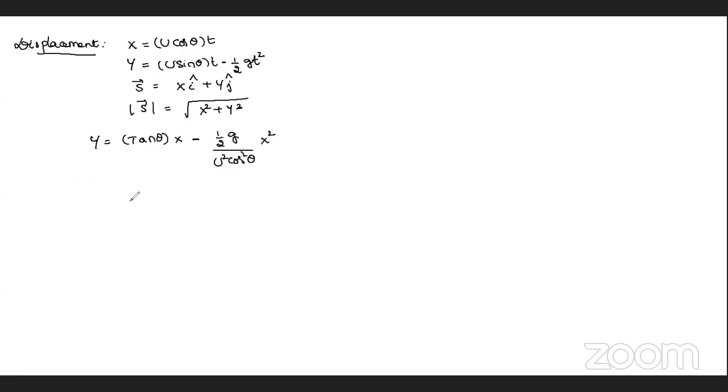And this one we wrote like a parabola equation, y equals a x minus b x square, where a is equal to tan theta and b is equal to half g by u square cos square theta.